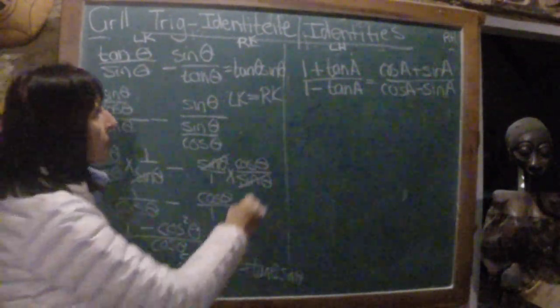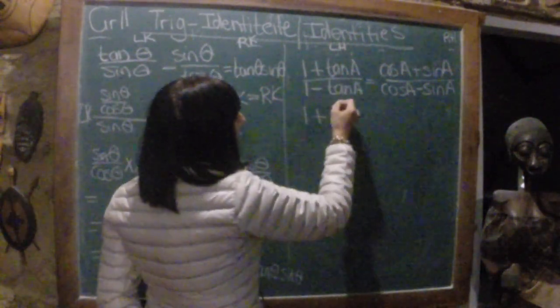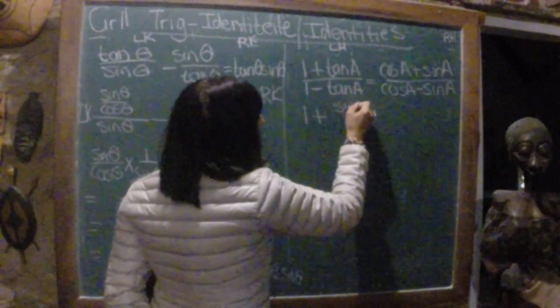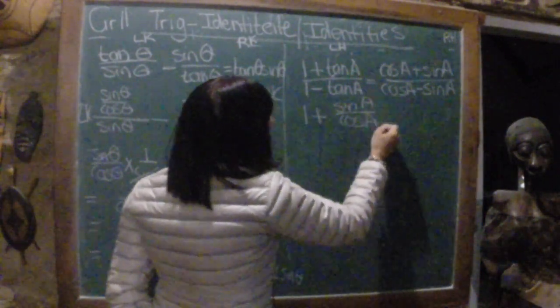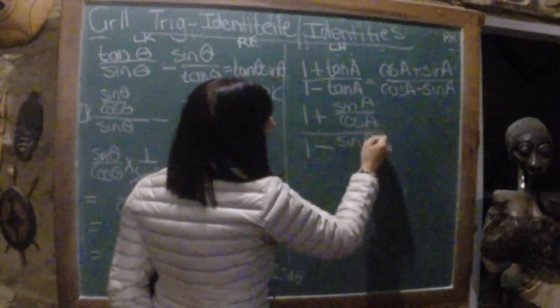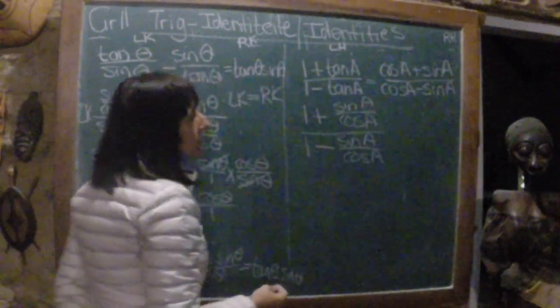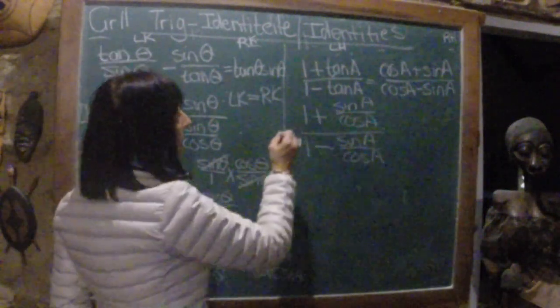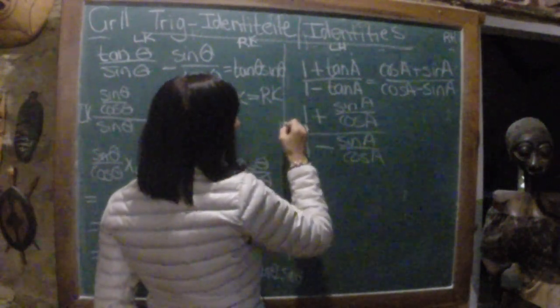Okay, let's quickly go to that one. I've got 1 plus, I'm going to substitute sin A cos A on 1 minus sin A cos A. Kom ons kry die teller en die noemer. That's my left hand side.